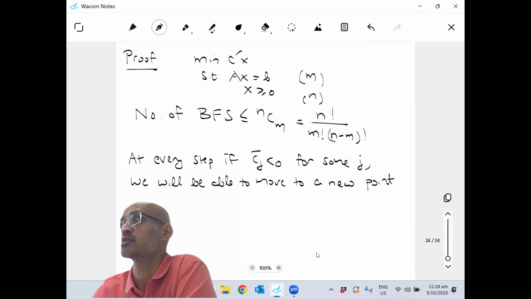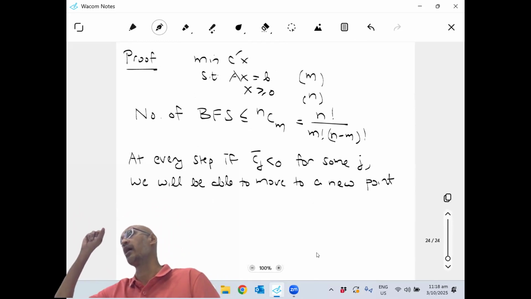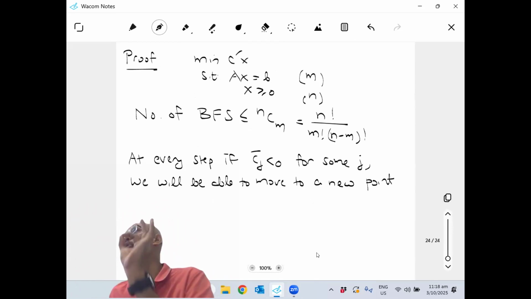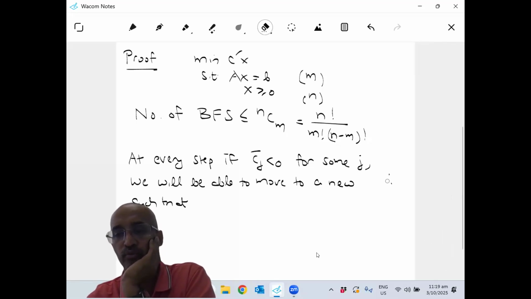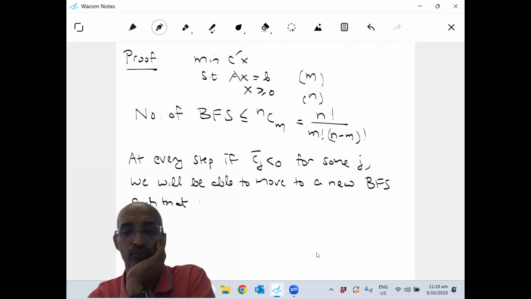Because it's a non-degenerate LP, no basic feasible point is degenerate, which means there's some positive amount. It might be a very small amount, but you can move to a new point. Actually, you can move to a new basic feasible solution, because every step you move to a new basic feasible solution such that the cost decreases.